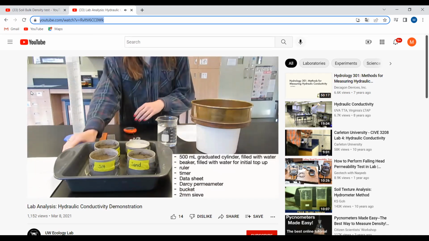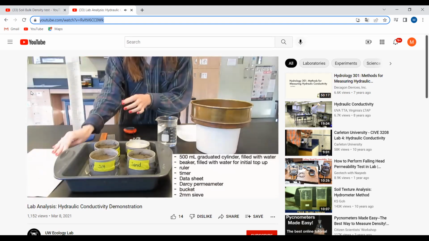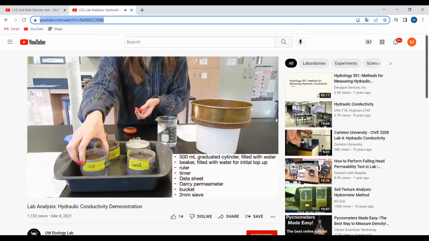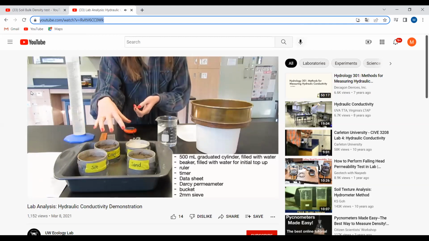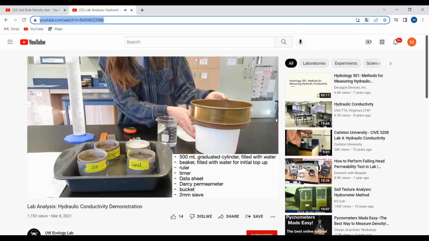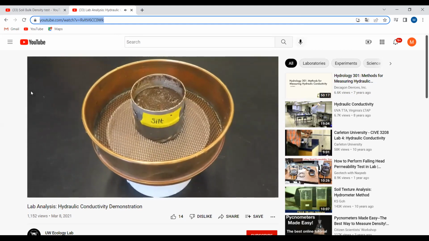We have a data sheet here for all your calculations and observations. And then we have our Darcy permeameters, filled with different substrates. Right now they're sitting in water to keep them saturated. And over here we have a bucket and a 2 millimeter sieve. The bucket is to catch the water that goes through the permeameters.